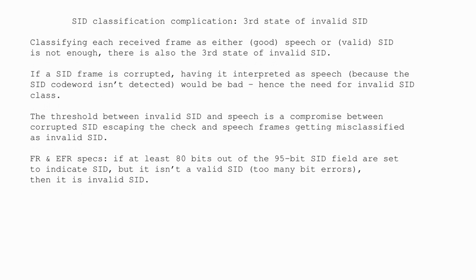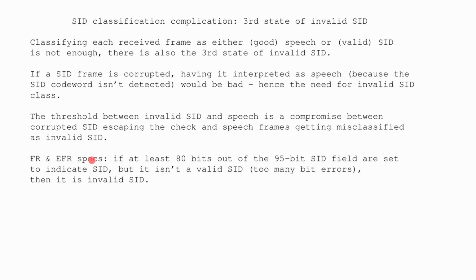You got a corrupted SID on the receiver, and if it misses the check, if you say this is not a SID, this is regular speech, you try to decode it as regular speech, you get garbage, because SID was never meant to be decoded as regular speech. But at the same time, if it's badly corrupted, it's not really a valid SID, so you have to have this third state. And here I explain about the thresholds. That should be self-explanatory. Engineering trade-offs, any kind of threshold.